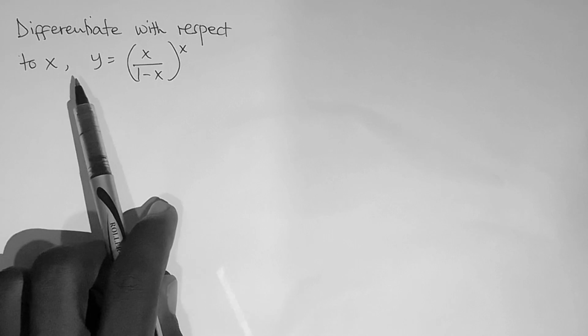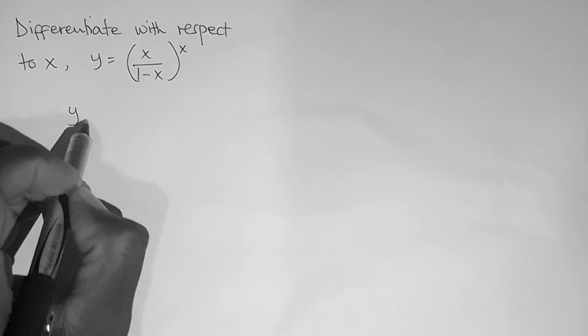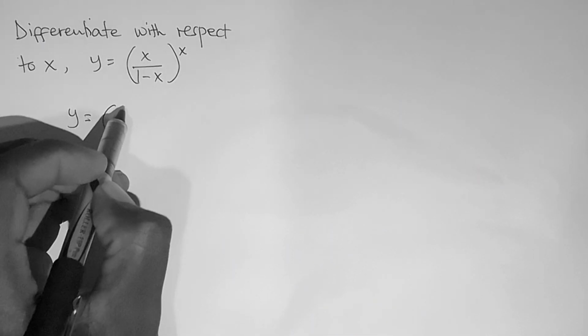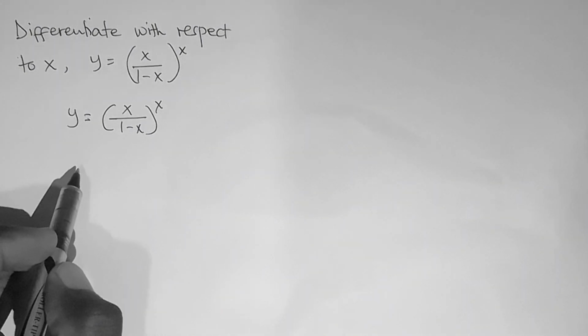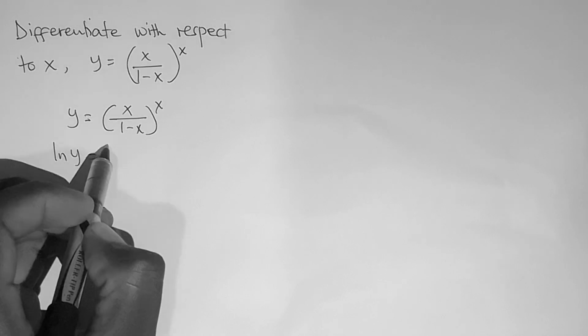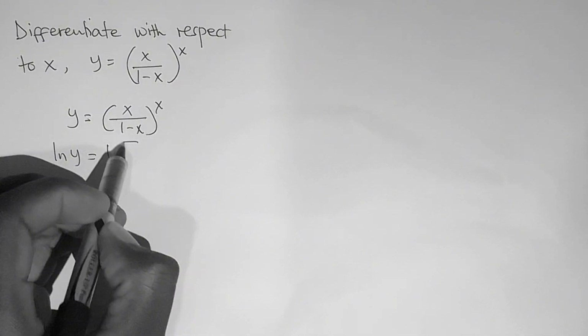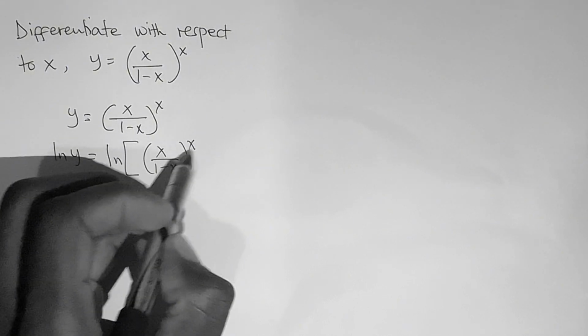Differentiate with respect to x, y equals x over 1 minus x, all raised to the exponent x. So we have y equals x over 1 minus x exponent x. So we can take the natural log of both sides. So ln y equals ln of x over 1 minus x exponent x.